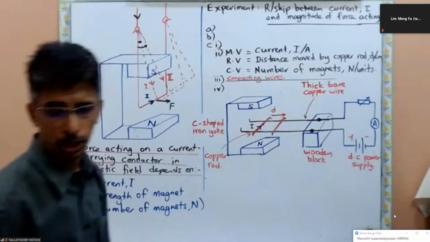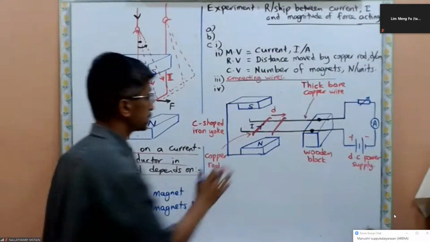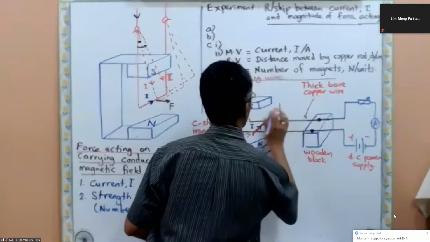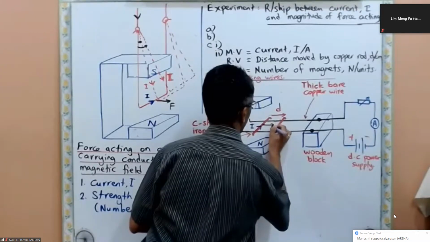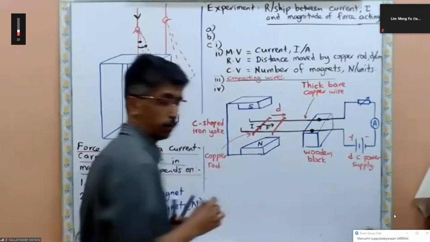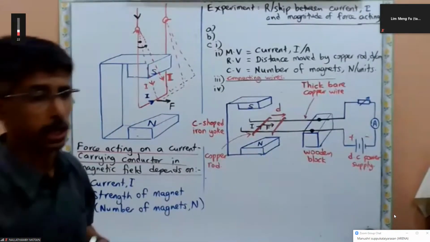So we need to measure the distance moved, and then the force acting is to the right. We write F, force acting to the right.